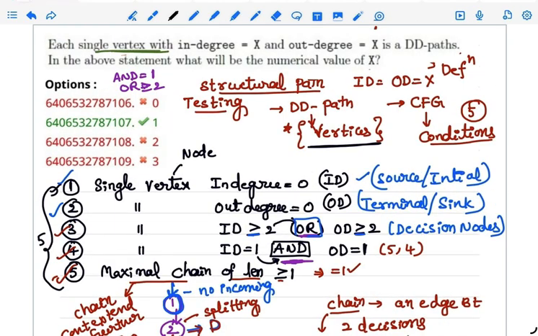So here the vertex in-degree is x and the out-degree is x, equal to 1 and equal to 1, right? So here in-degree equals 1 and out-degree is greater than or equal to 2. That is the out-degree, both with similar values, that is its value is x. That is this condition, the fourth condition. So its answer is 1.